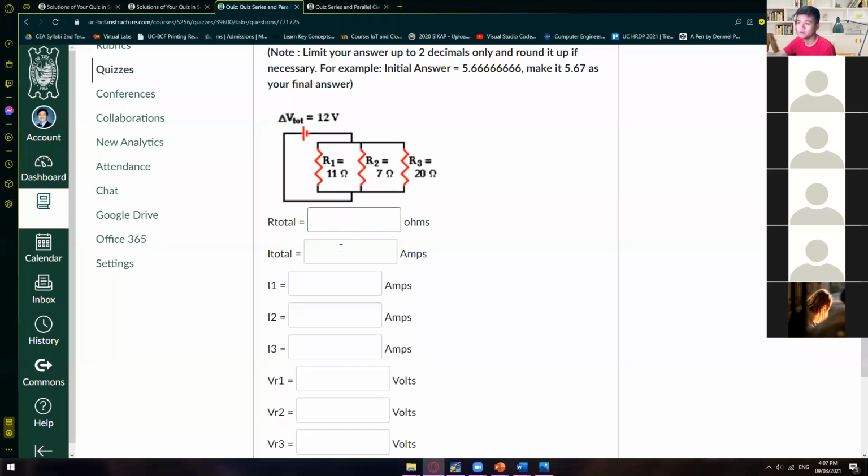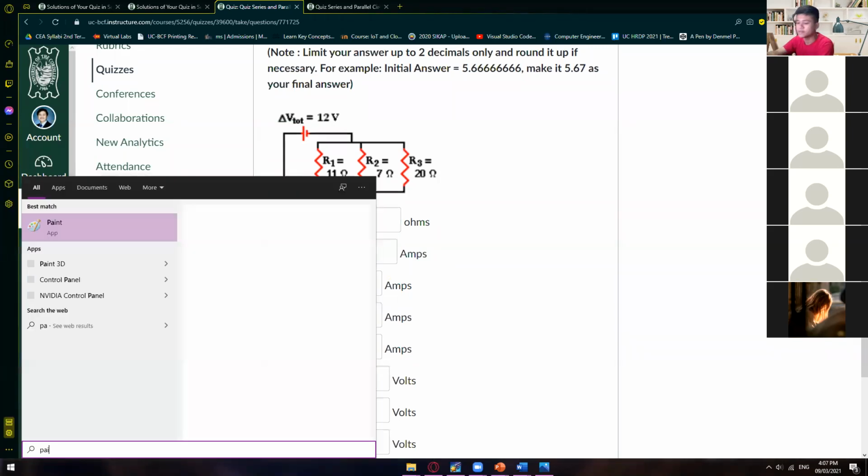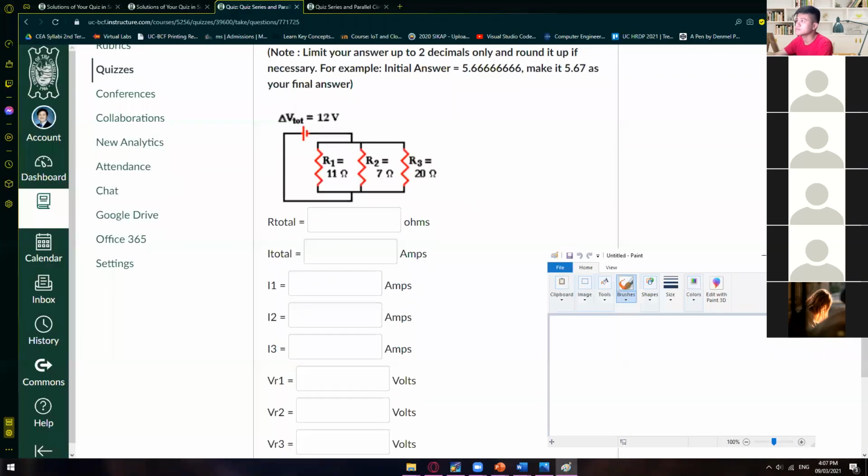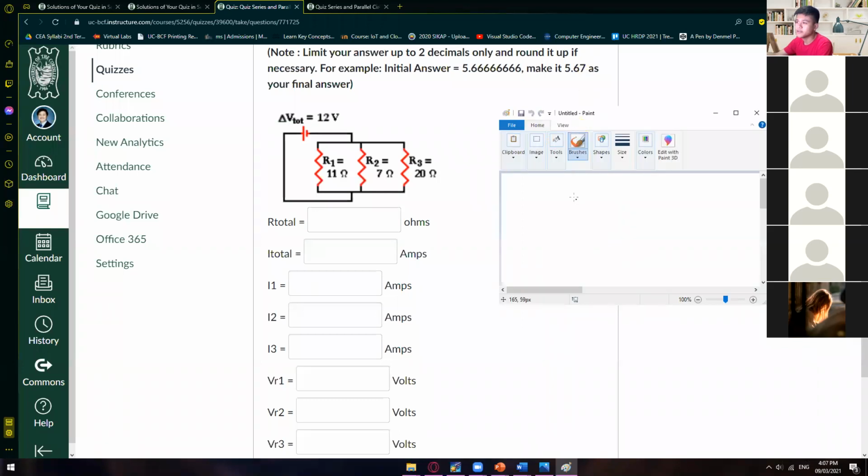Once you already have the R total, then you can now use the I. For the I total, you can use V divided by R. And then for the I sub 1, we have VR1 divided by R1.